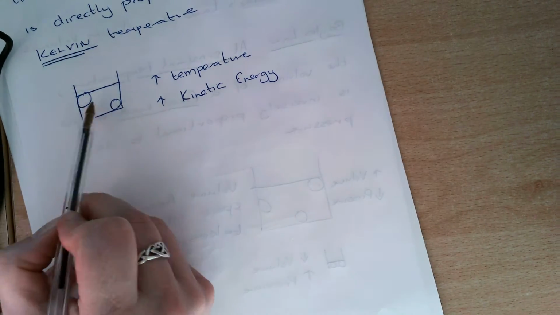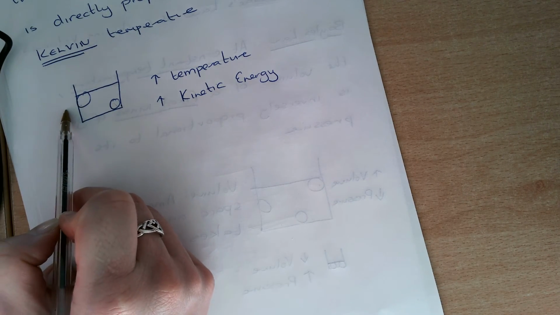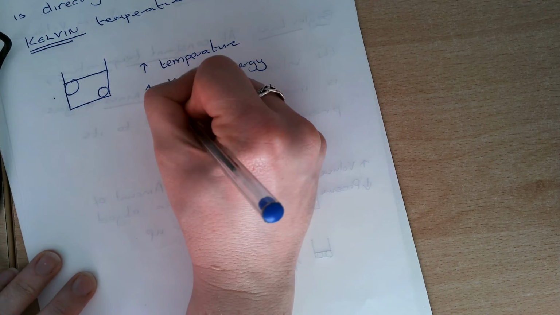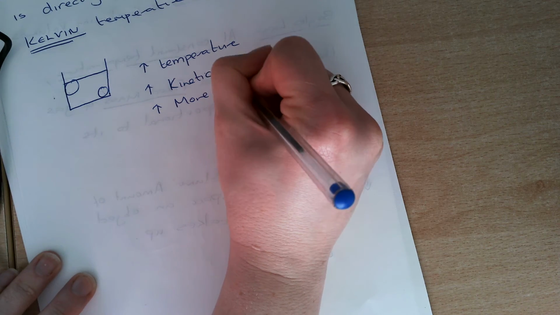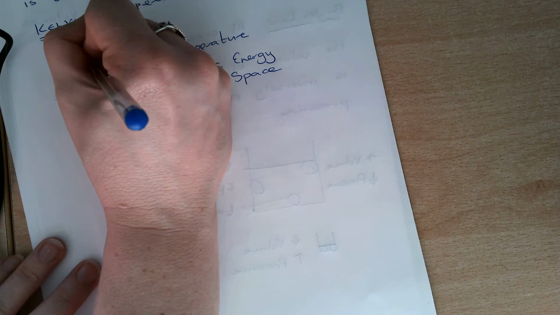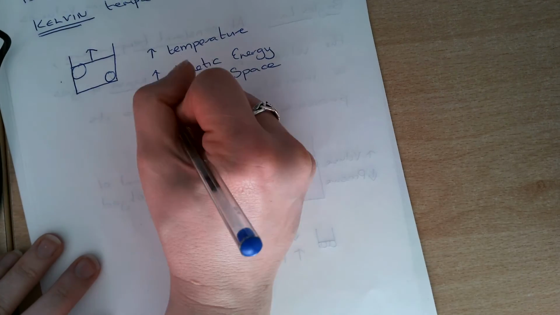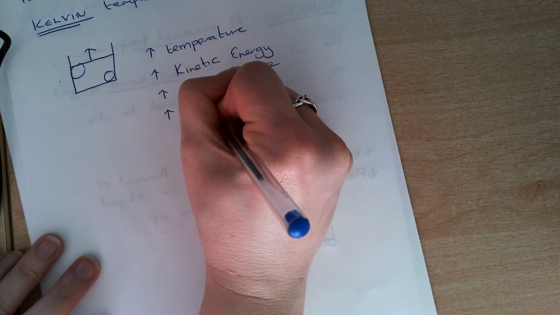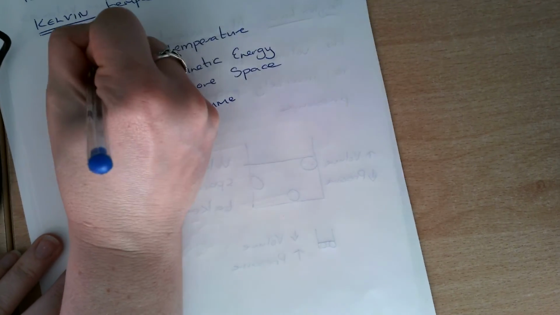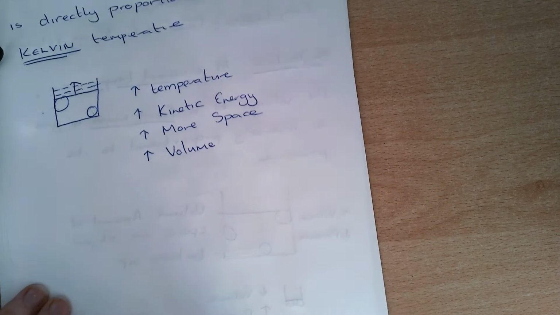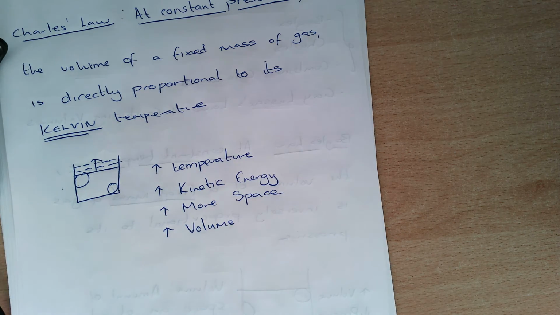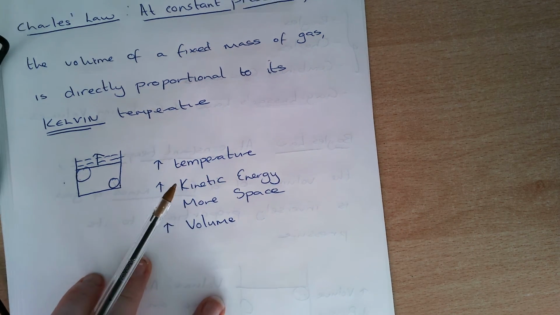So these particles, when they get energy, move more. Because of this, I need more space. And because I need more space, what actually happens is that this volume increases. So the volume of the container increases. Remember, directly proportional, as one increases, the other also increases.